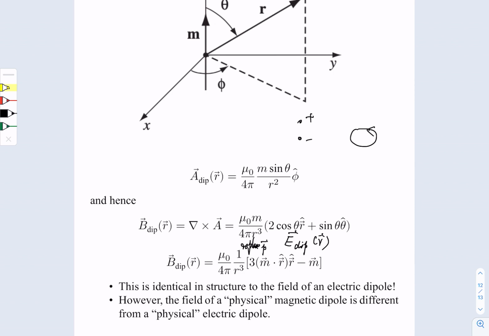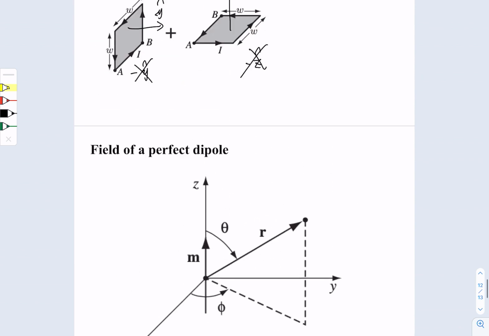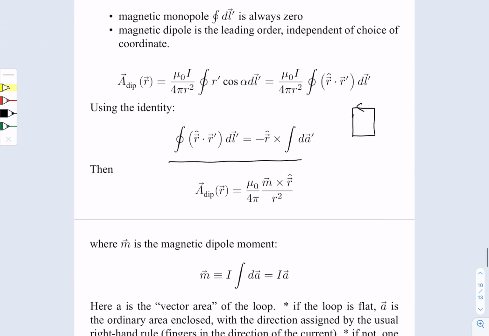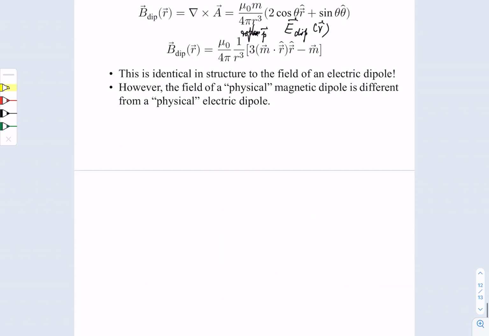So even though the two produce the exact same form of the far-field expression, when you go close to the physical dipoles, the magnetic dipole and the electric dipole give you quite different expressions. Okay, so let's go back and try to look at why this expression is correct.